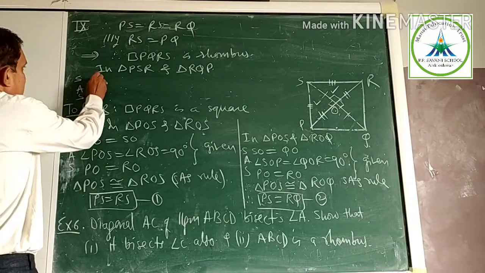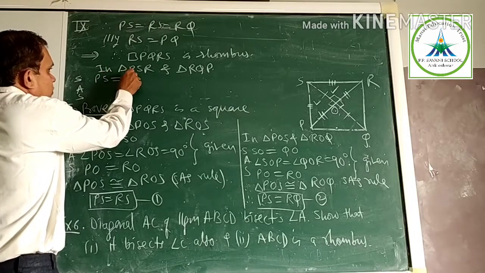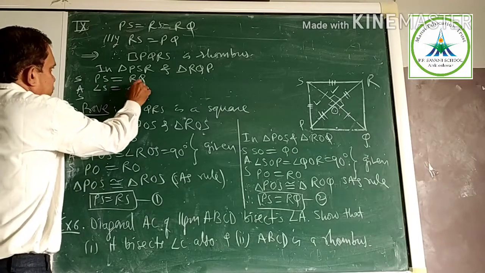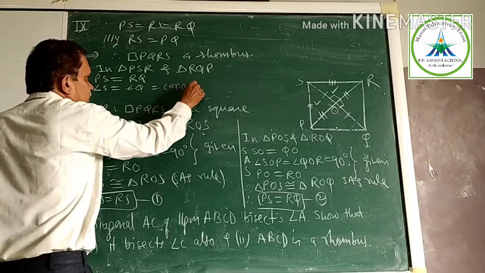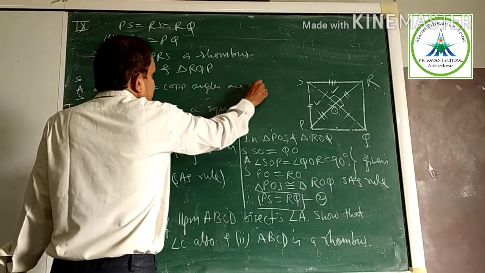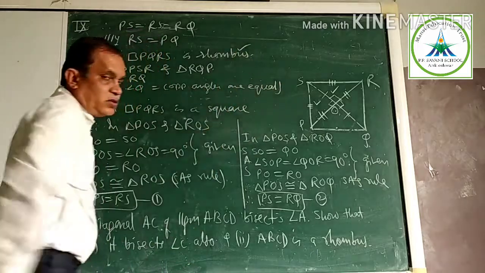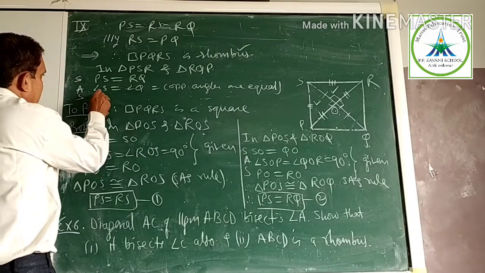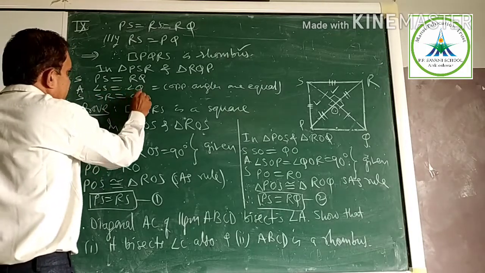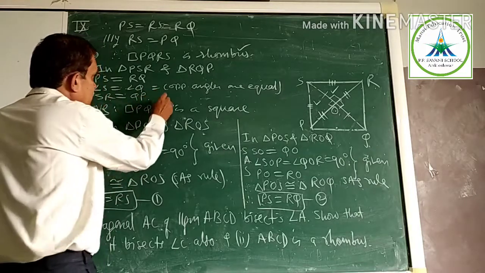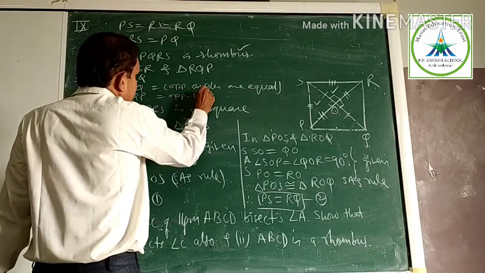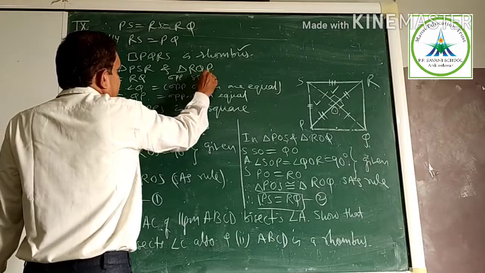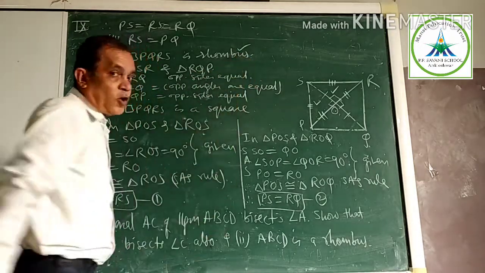See, PS equal to RQ, angle S equal to angle Q, opposite angles equal, because we have proved it is a rhombus. In a rhombus, opposite angles are equal. Other side, what is left? SR equal to QP. Right? Opposite sides equal. A rhombus we have proved, all sides are equal.